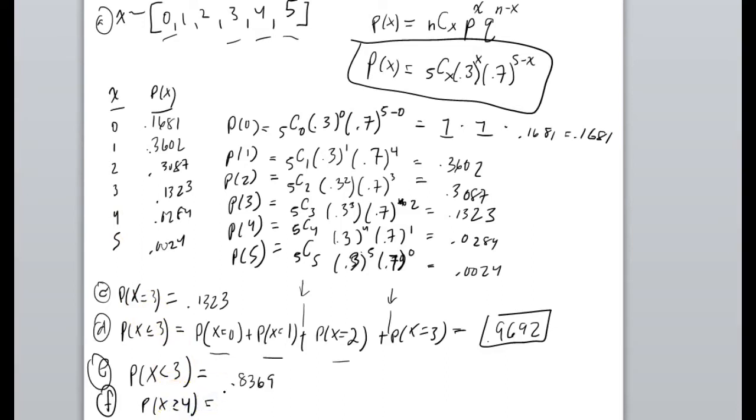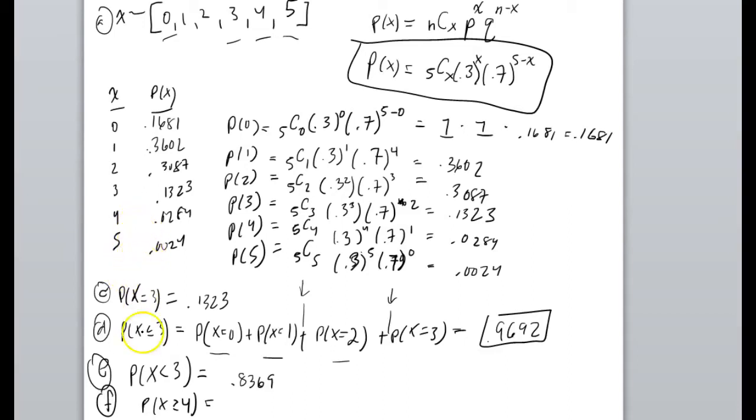And this is something important to note. If we're looking at these x values here on the left-hand side, the 0, 1, 2, 3, 4, less than or equal to 3 is going to be the exact opposite of greater than or equal to 4.